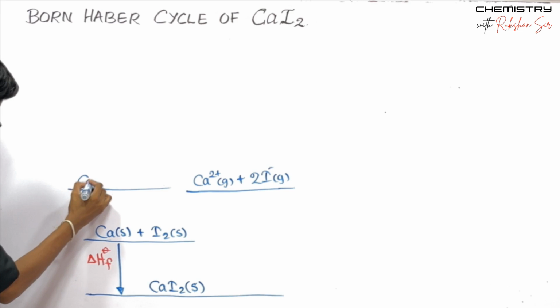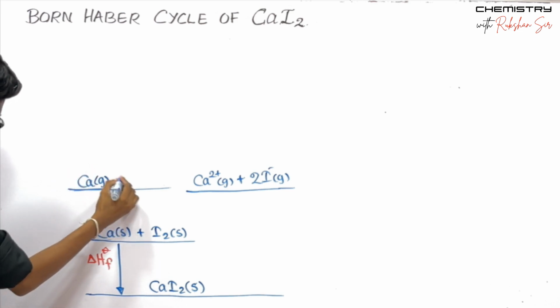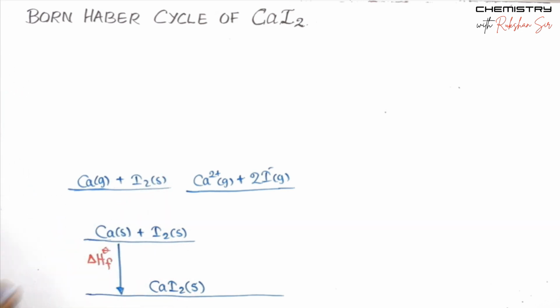So we are coming up with calcium gas with I2 solid, right? This change could be done by applying the atomization enthalpy of calcium solid, or we can apply the sublimation enthalpy of calcium solid.